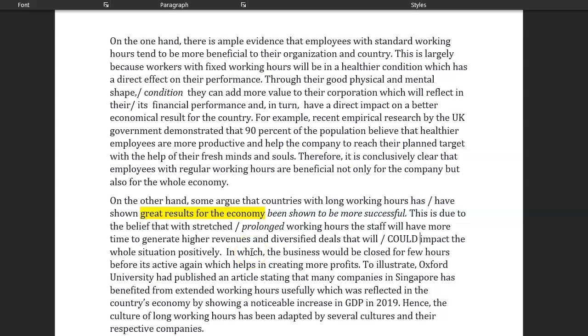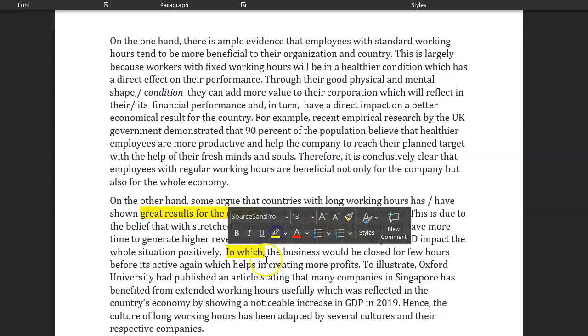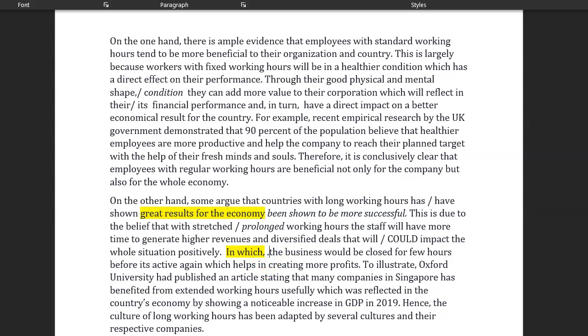In which, rather than in which, I would put under this scenario or with this trend, business would close for only a few hours before it is active again, or before becoming active again, which helps in creating more profits. Good. Oxford published an article stating that many companies in Singapore have benefited.